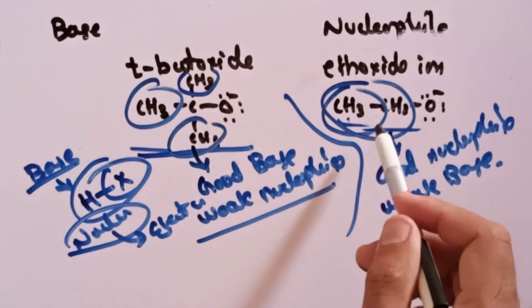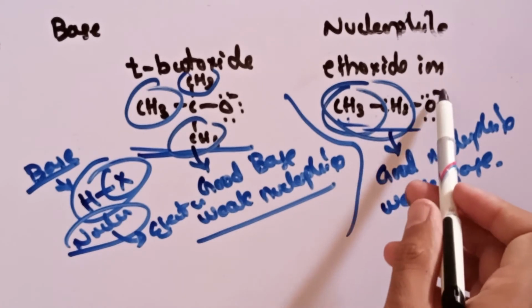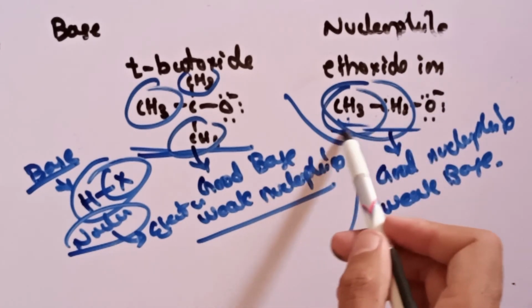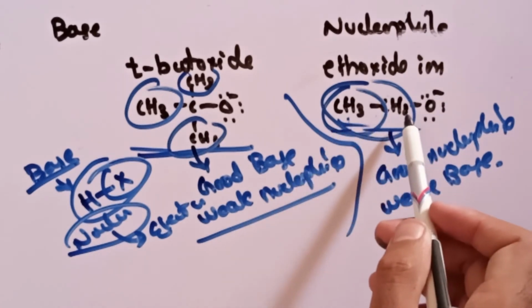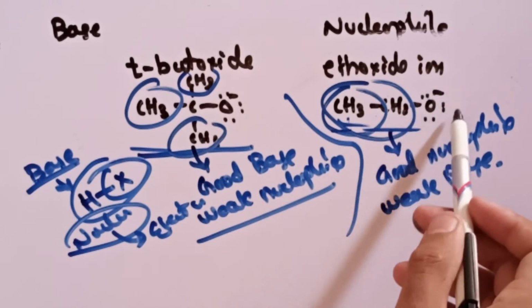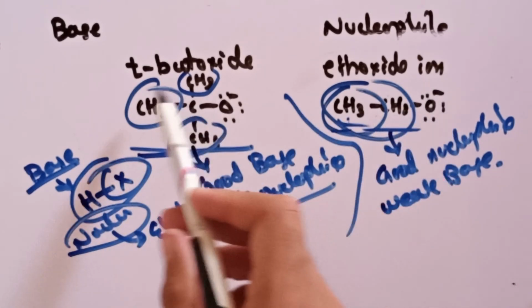But in ethoxide ion, there is only 1 electron donating group, so there is not as much electron density as in tertiary butoxide.